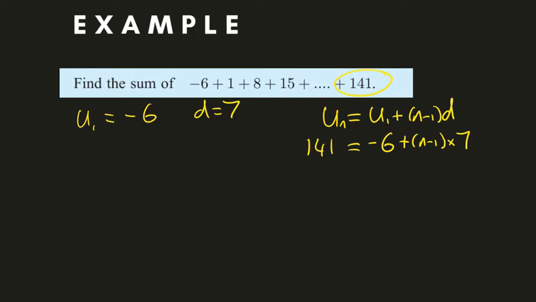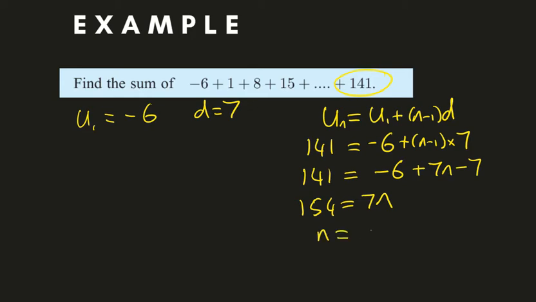So if we just simplify this a little bit, we're going to end up with minus 6 plus 7n minus 7. So if we then add that 13 to both sides, we're going to have 154 equals 7n. Divide through, and we will have that n is 22.